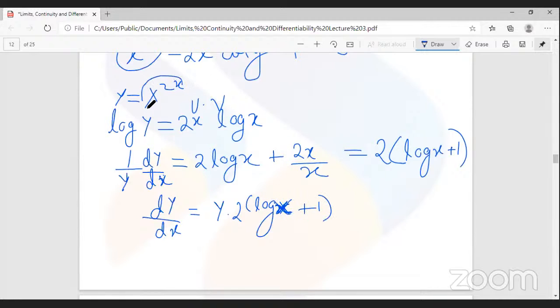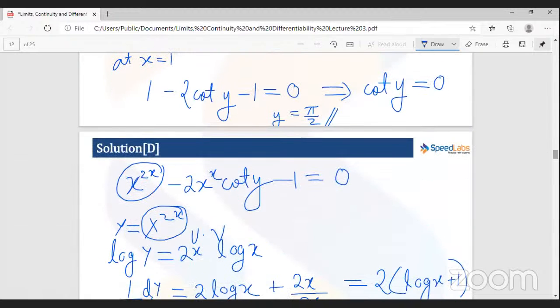Now what was y? y was x raised to the power 2x. So this becomes 2x raised to the power 2x into (log x plus 1). So this thing is clear. This first term is differentiated. Now we'll differentiate this second term.